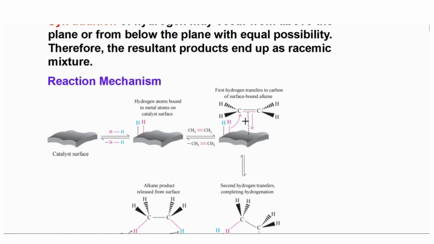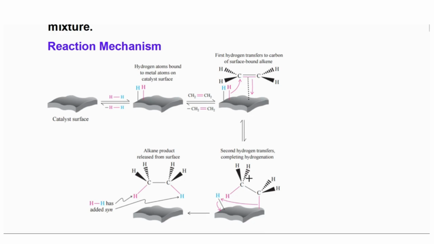First the alkene binds to the catalyst surface, and one of the hydrogens with its bond connects to the alkene carbon, and finally the pi bond is connected to the catalyst surface, followed by the second hydrogen being transferred to complete the hydrogenation, and the catalyst is regenerated.